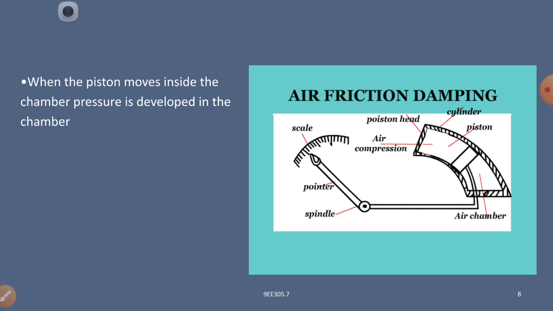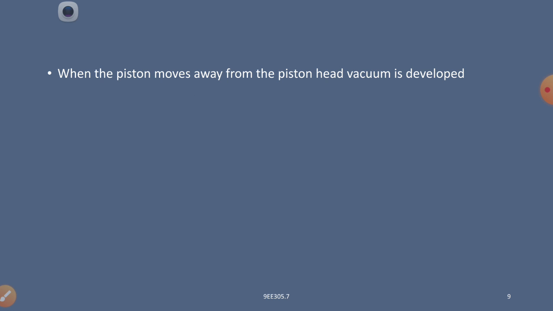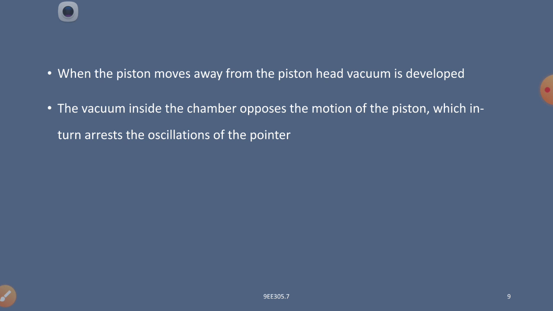Now, when the piston moves inside the chamber, pressure is developed in the chamber. The pressure inside the chamber opposes the motion of the piston. When the piston moves away from the piston head, vacuum is created. That means here you can observe one thing.